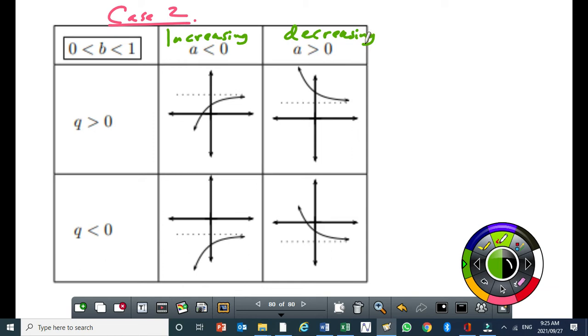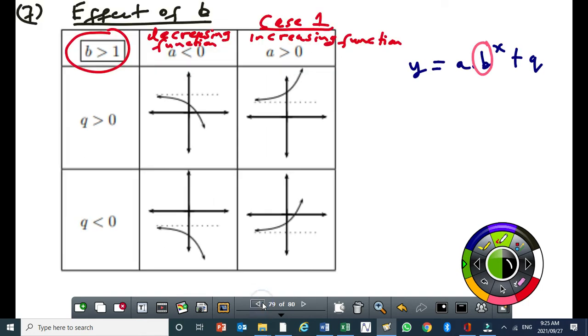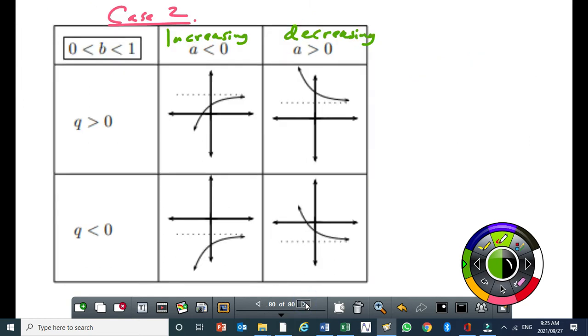Okay, so for case 2, it's going to be the opposite. For case 1, when A is negative, the graph will be decreasing if the value of B is greater than 1. If the value of A is positive for case 1, we're going to have an increasing function. For case 2, it will be the opposite.